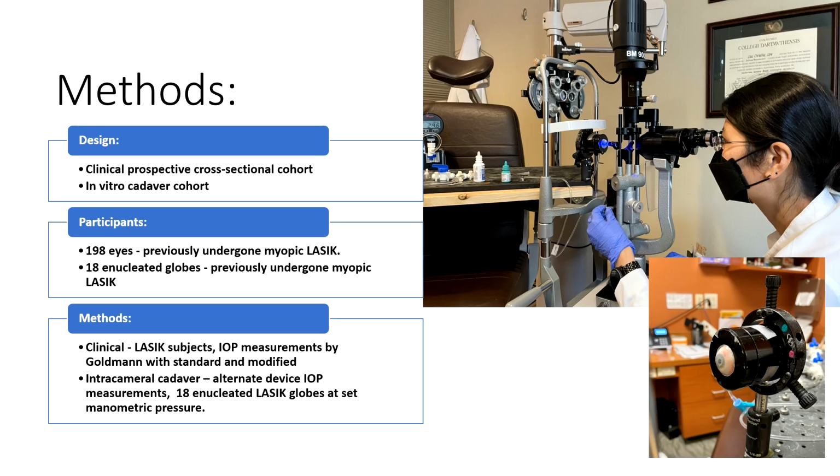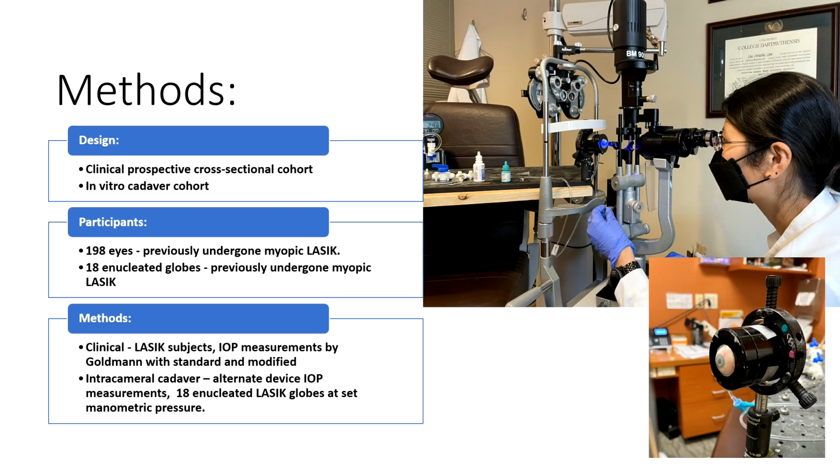This was designed as a prospective cross-sectional cohort study and an in vitro cadaver comparison. There were 198 eyes enrolled from 100 subjects who had previously undergone myopic LASIK. Separately, 18 enucleated globes that previously had undergone myopic LASIK were examined.